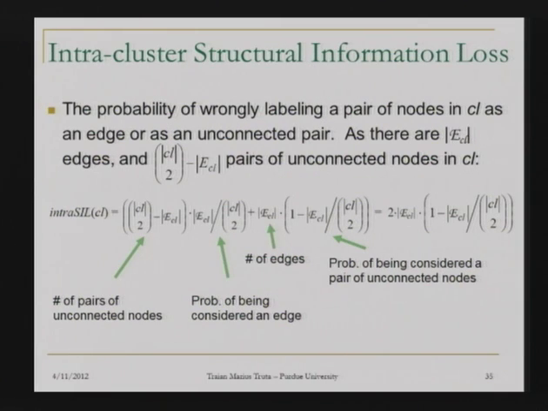They are defined here, and as you can see, it's a large formula for those as well. But what is important for intra-cluster structural information loss is the probability of wrongly labeling a pair of nodes as an edge or an unconnected pair. If you take 2 nodes, is there an edge or an unconnected pair between the 2 nodes? You may guess, but the probability of labeling wrong is computed here.